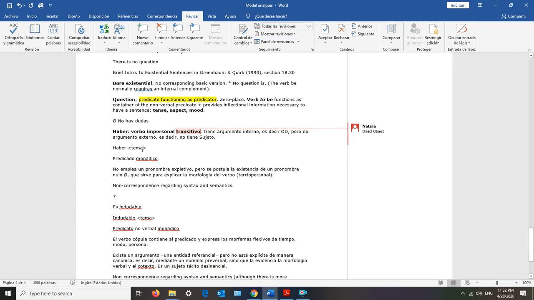The argument is associated with the theta role, the semantic role of theme. Therefore, it is a one-place predicate. Okay? Because dudas is then selected for by the verb haber. Okay?